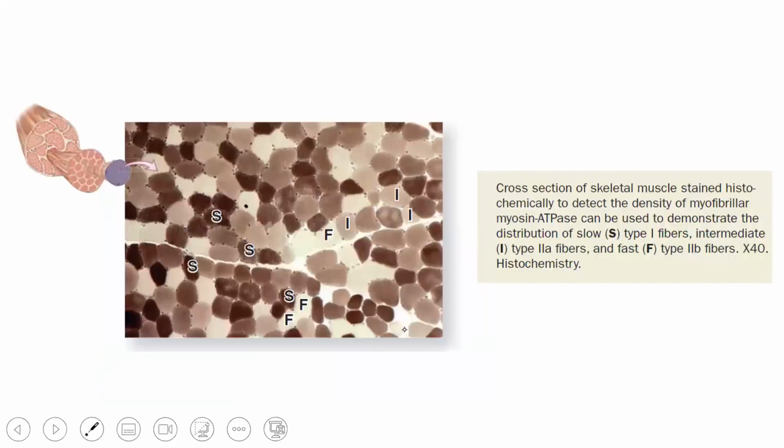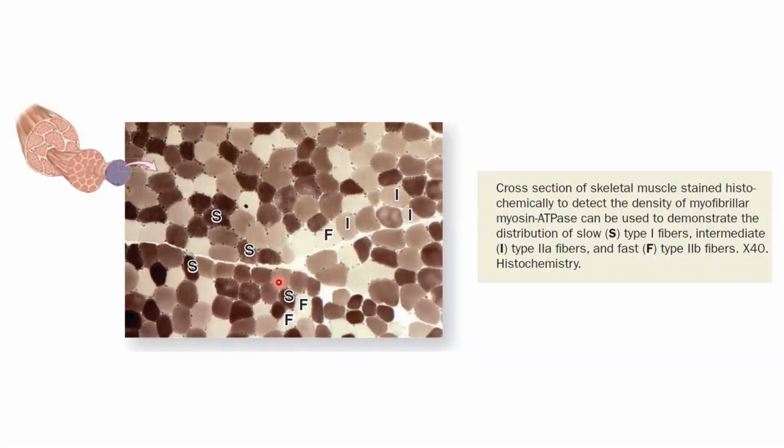When you take one muscle, it doesn't have only one type of these muscle fibers. It's a mixture. You can see here, the different fiber types are shown in different colors.